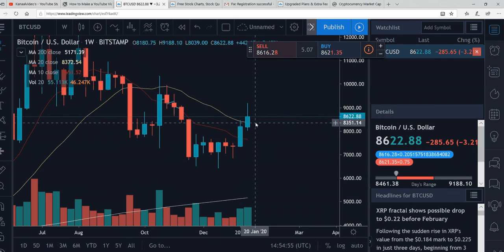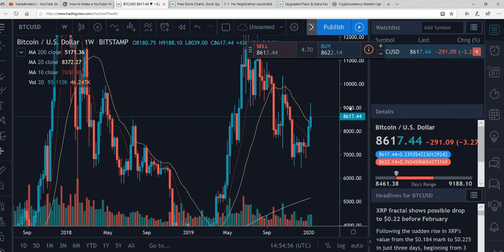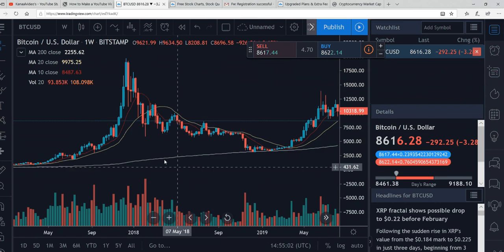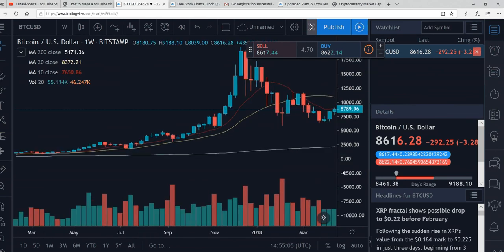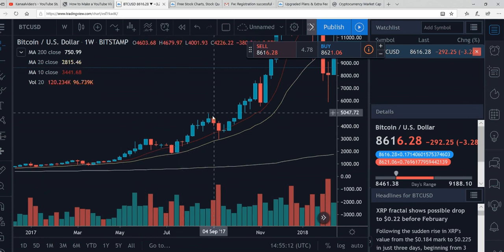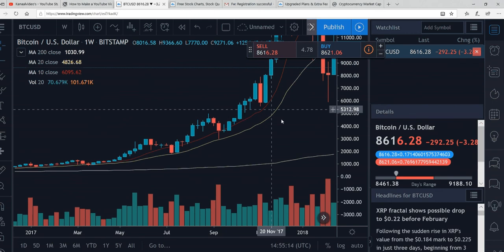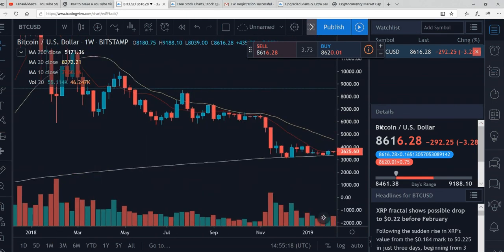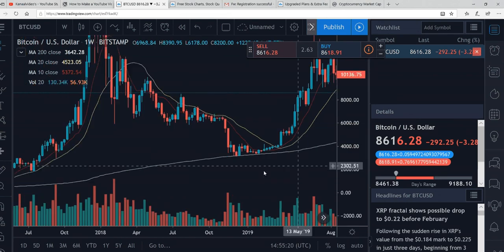When we get below it, we are in a downtrend, going all the way back into the bull market of 2016, 2017. You can see this as well. It was a very important line. It got corrections towards it and got bought right back up, and over here as well. So keep an eye on that, guys. Do your own research. You can find it all in your own time, but I just want to point it out, of course.